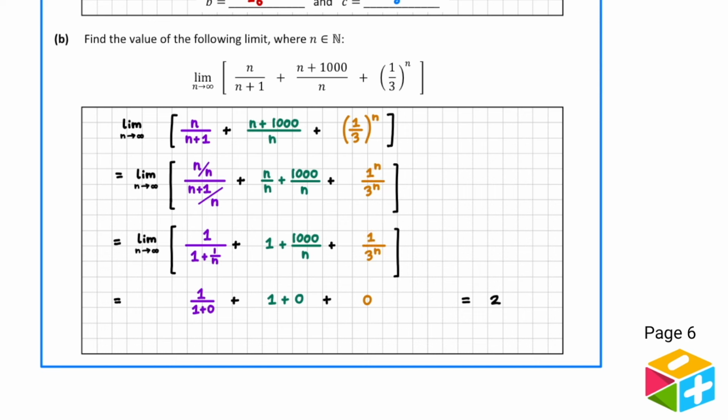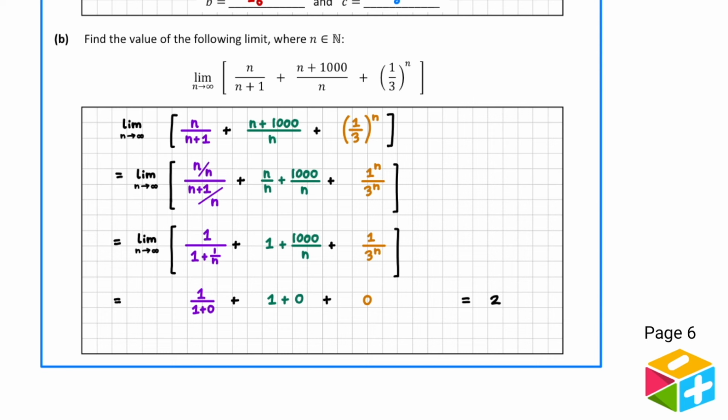Now, we're ready to apply our limit. The key thing to keep in mind here is that if we have a fraction where the numerator is a constant and the denominator is going to infinity, then the limit will be equal to 0.